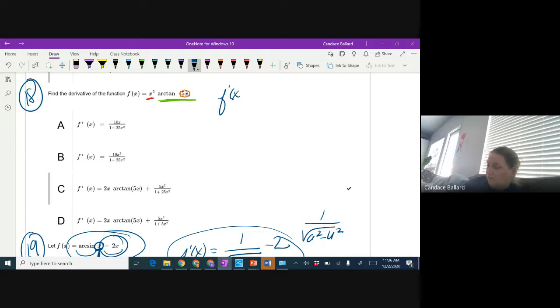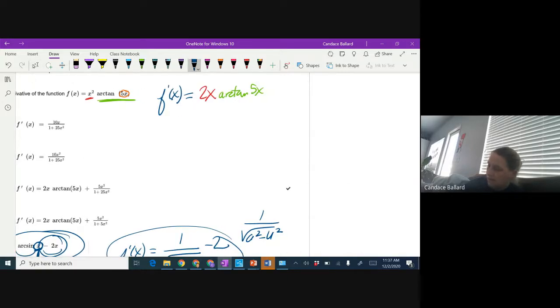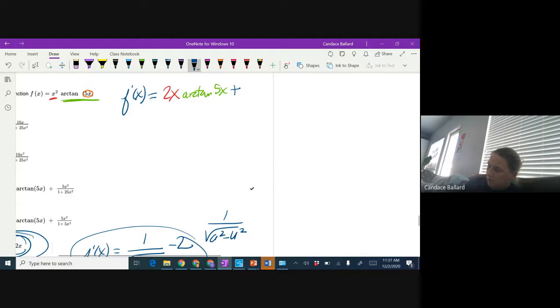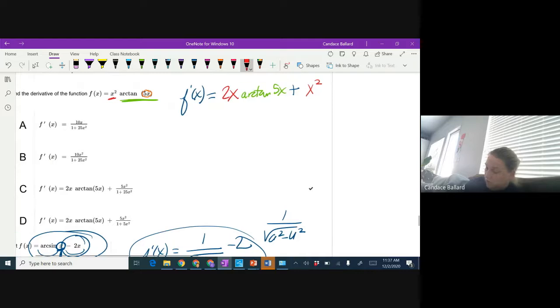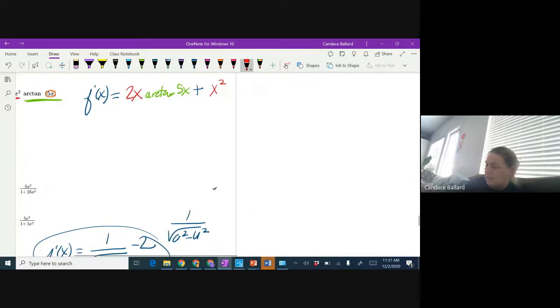So f prime of x equals, I take the derivative of the red, which would be 2x. I keep the green the way it is, arctangent of 5x. And then I'm going to add that to the red the way it is. Look at how long I was able to avoid that chain rule, right? So I'm going to do my chain rule work off to the side here.